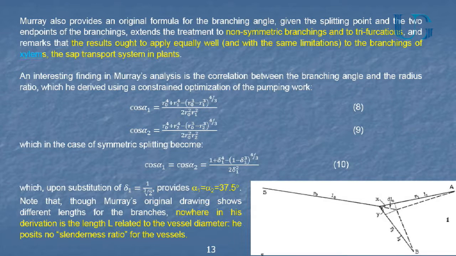So he takes another path, computes the angles, and shows that the work is really the least when this configuration is attained. In other words, he shows that whatever change in the angles, you have a positive and additional pumping work. By doing this, he derives two values for cosine alpha 1 and alpha 2 as a function of the radii.